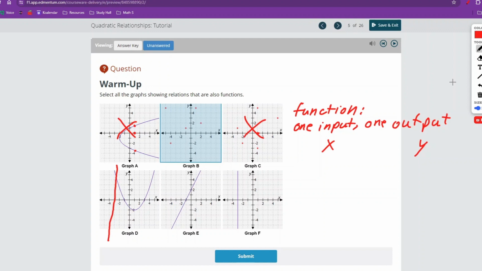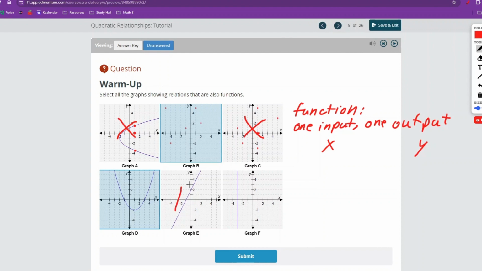If that vertical line hits two y values at any point on the graph, then it fails the vertical line test. But here, I could drag my line across the entirety of the graph and not hit two y values with that given line at any given time. So this one should also be a valid function.